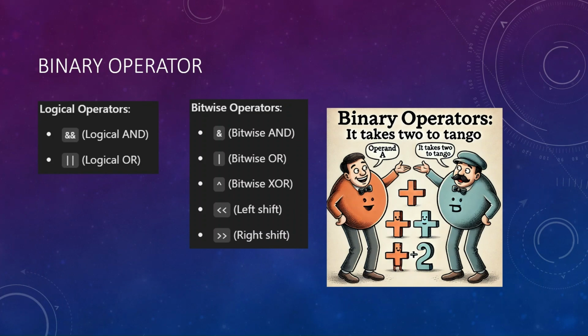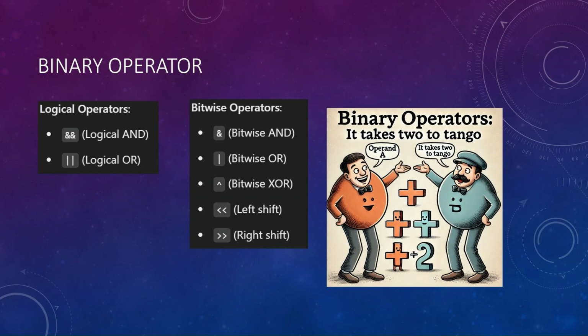The next one on the list is bitwise operators. Bitwise operators work on the binary representation of integers. They perform operations at the bit level, which can be very efficient for certain tasks. The common bitwise operators include AND, OR, and XOR.